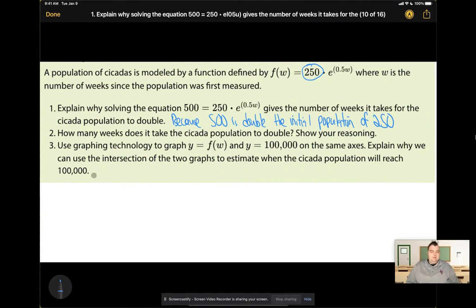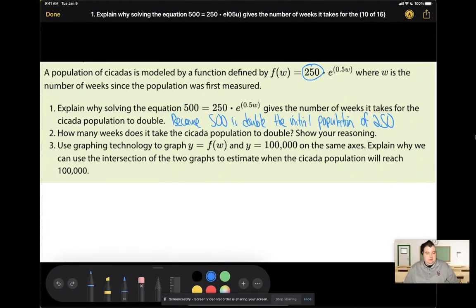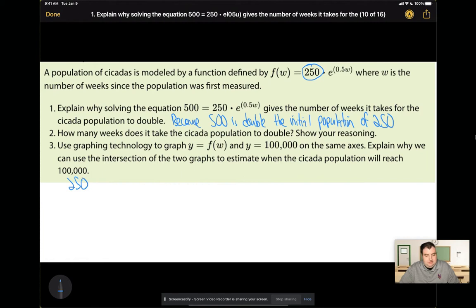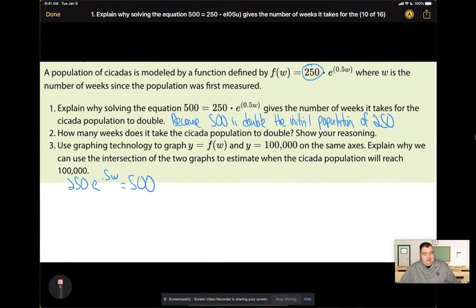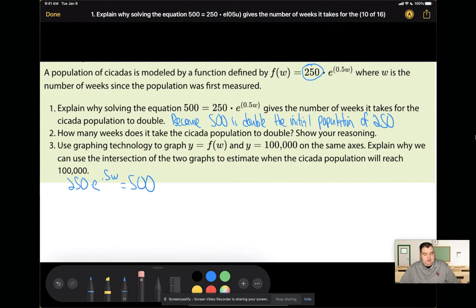Okay? How many weeks does it take the cicada population to double? Show your reasoning. So we are just going to go ahead and solve this equation right here. I'm going to switch around the order and make it 250 times e to the power of 0.5w equals 500. I have to isolate the exponential term, remember.